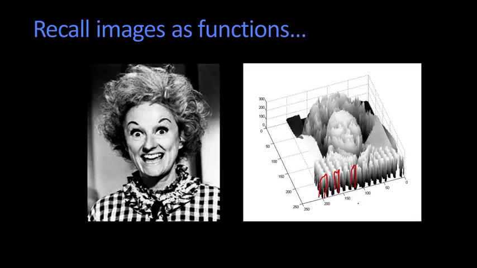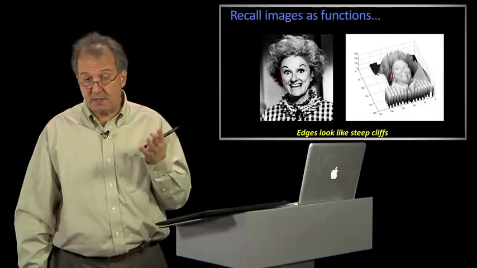And the thing that's clear is that these edges, right, so this edge by the side of her face there, is really a steep cliff in that function, okay? And what we're going to look for fundamentally for edges are going to be these steep changes somewhere in that image function.